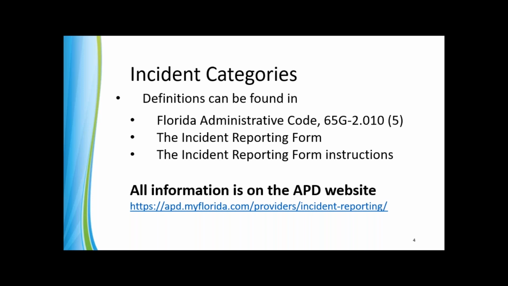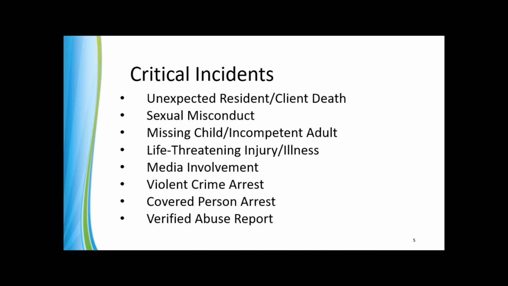So we have 3 different locations where you can find all of the definitions for our incidents. If you ever have any questions on definitions, or if a critical incident or a reportable incident needs another definition, please feel free to reach out to your local office and they'll be more than happy to walk through the incident with you and see which category it best fits.